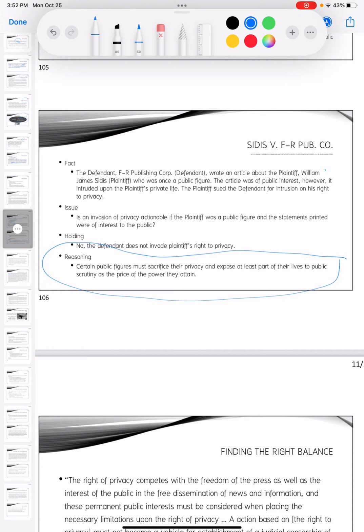He doesn't want to be a public figure anymore, but in the past 20 years have already passed, and the court still thinks that he was still a public figure. So that's the lesson we learned. At least a public figure has a part of their life exposed to the public, but it doesn't mean they have zero privacy, okay?